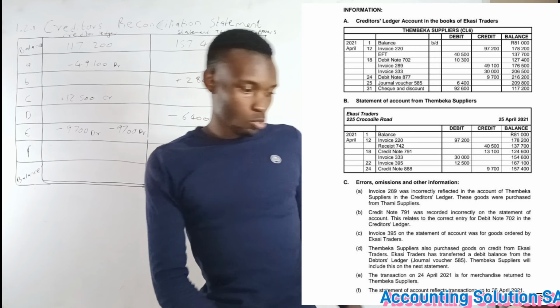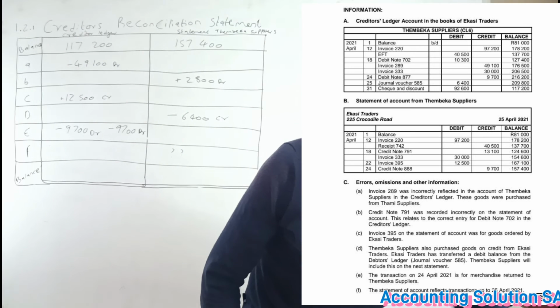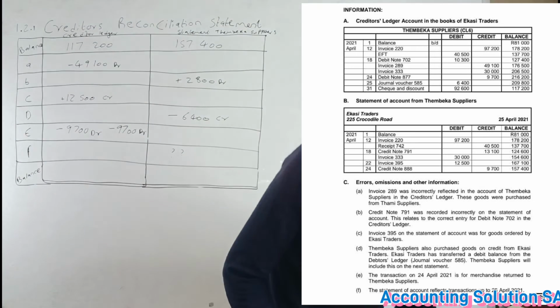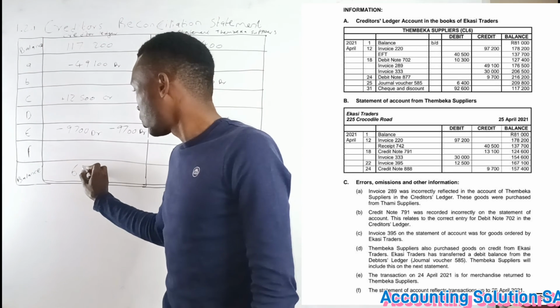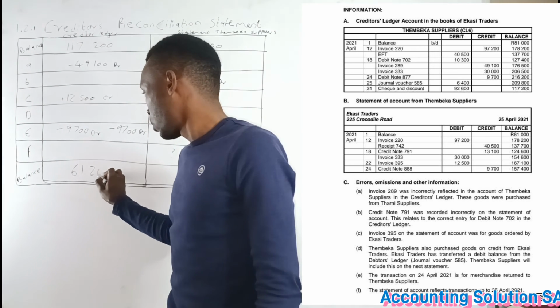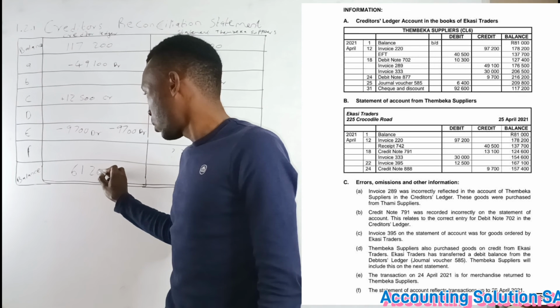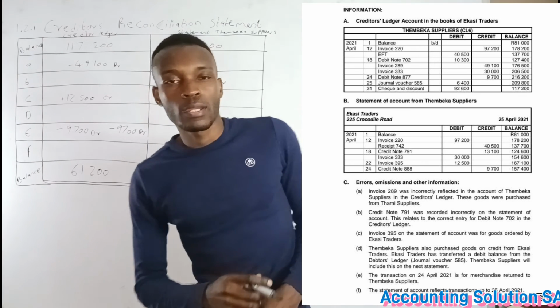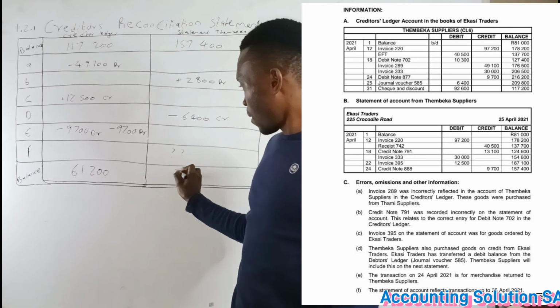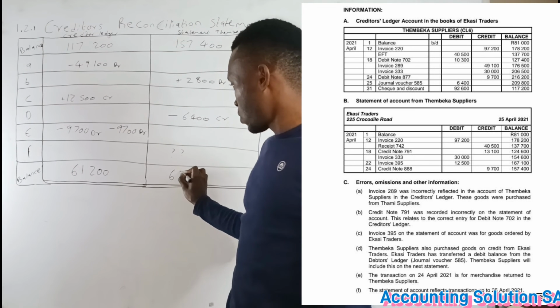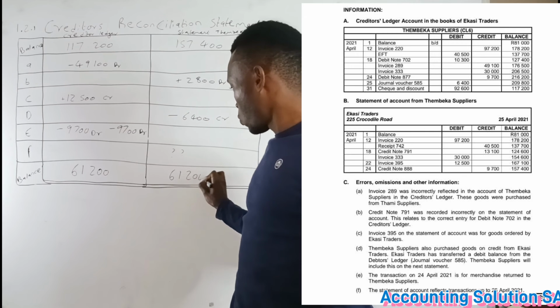A balance. Okay, so if you calculate all this, it's going to give you an amount of 61,200. Which means that 61,200 must be the same amount, even this side, 61,200.